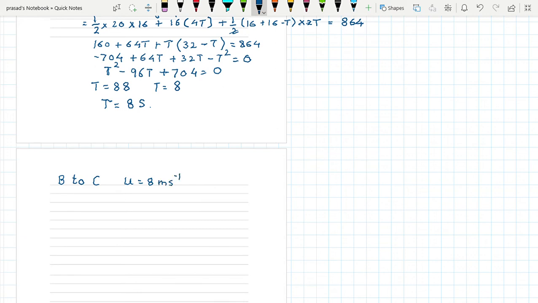Now the car is going to stop, so the final velocity v will be 0 meter per second, and the acceleration is again negative 0.5 meter per second square, because the car is decelerating at the same rate, and I want to find out t for this journey.